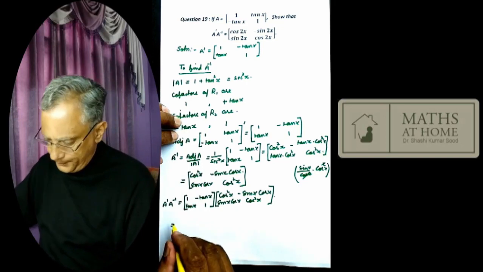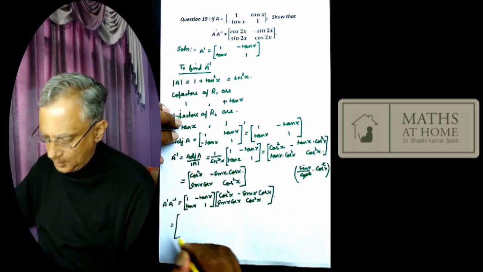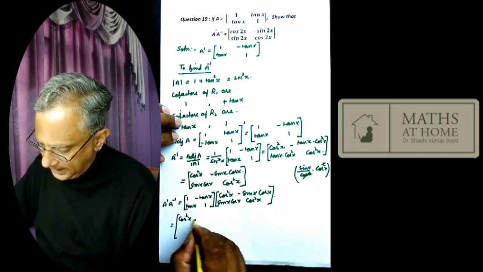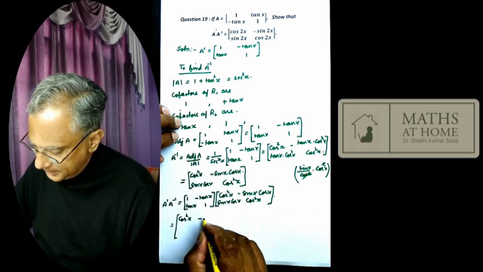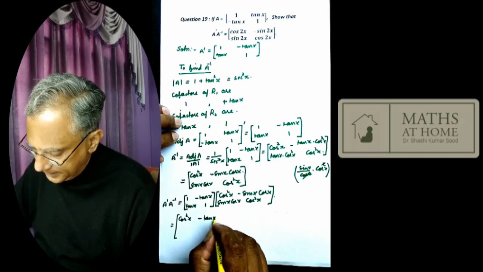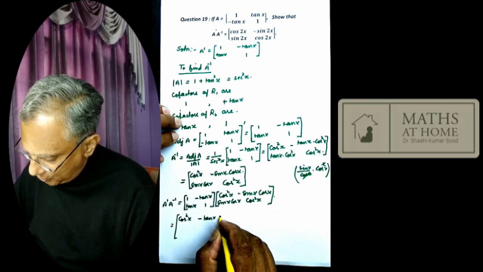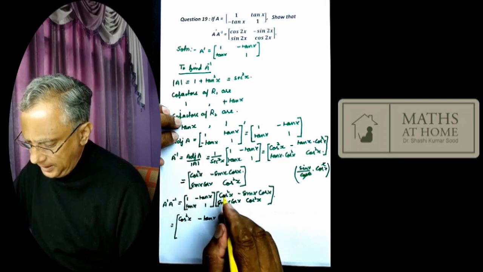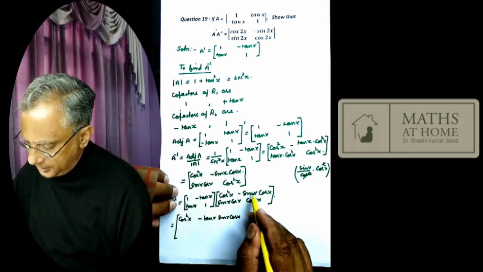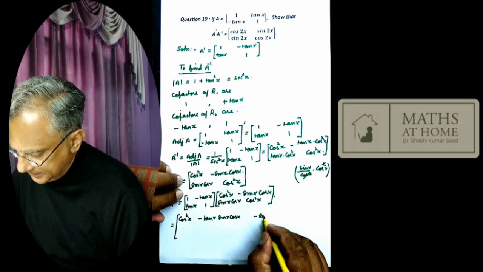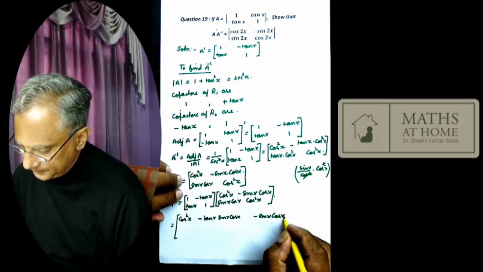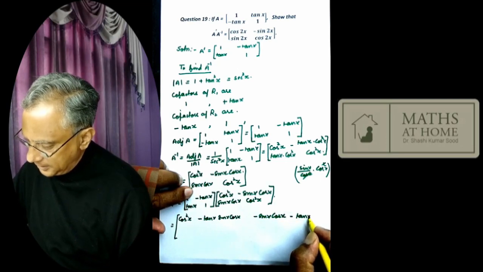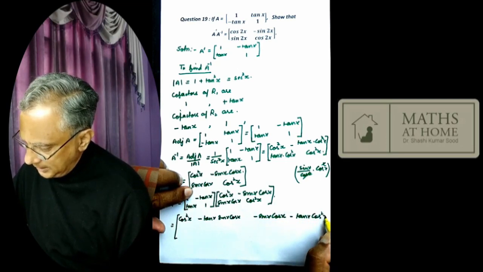This is equal to this into this. We get cos square x minus tangent x into sin x cos x. This is the first entry. This into this minus sin x cos x minus tangent x into cos square x.